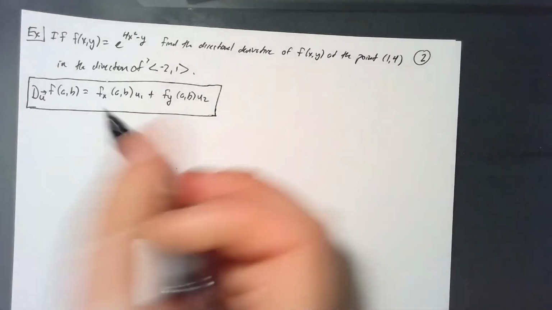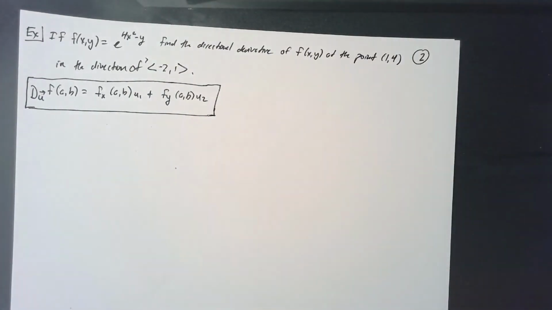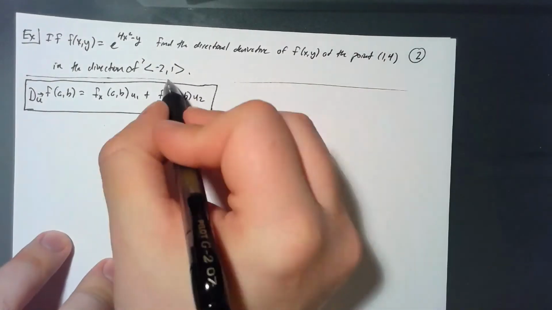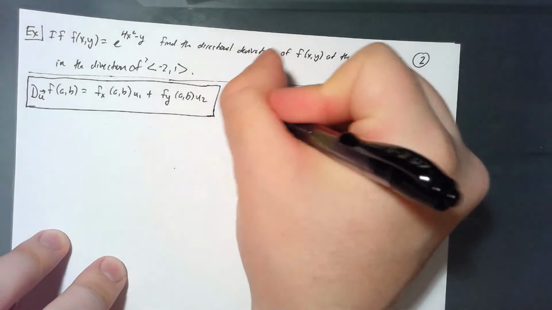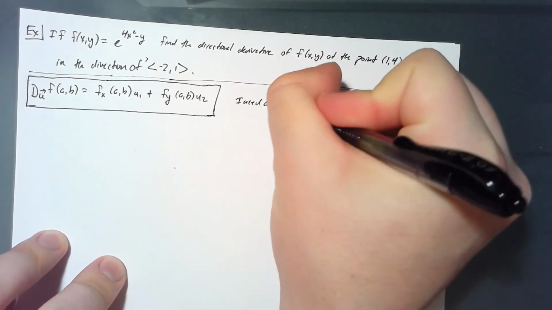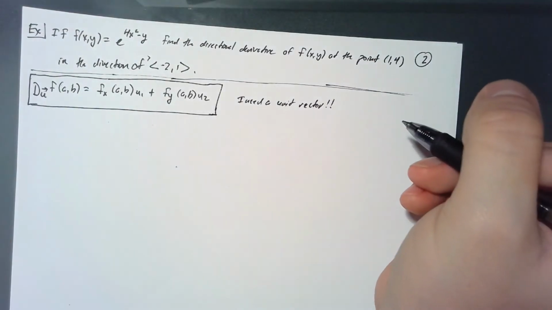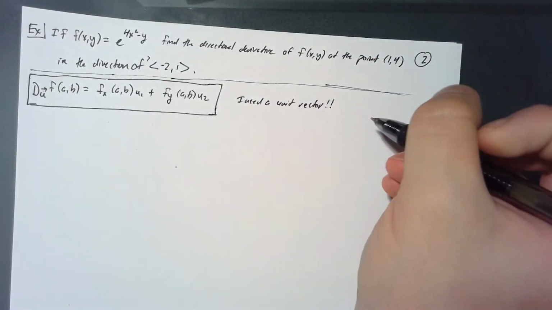So I need a unit vector. How do we find a unit vector?